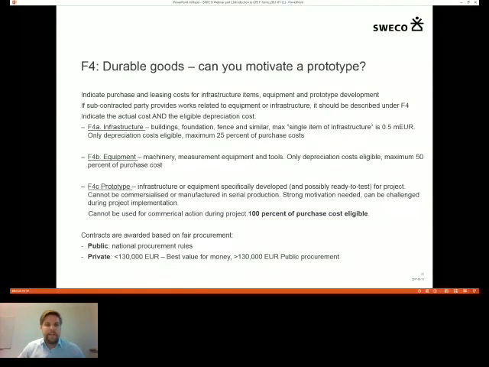First of all, indicate the purchase or leasing costs for the different items that you're looking into. When it comes to this, you should also include the development costs, for example, works.